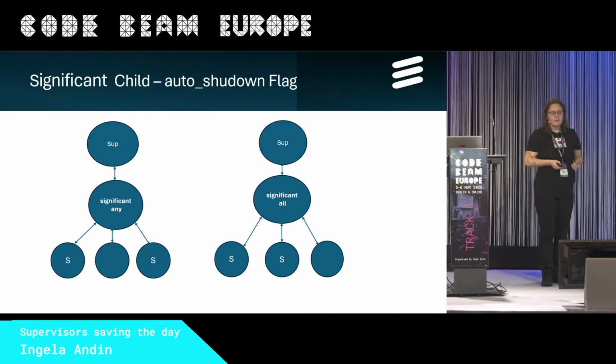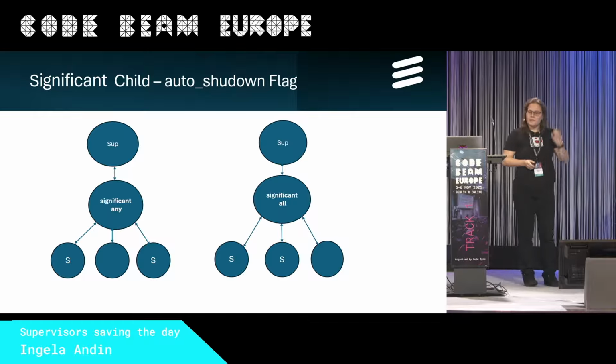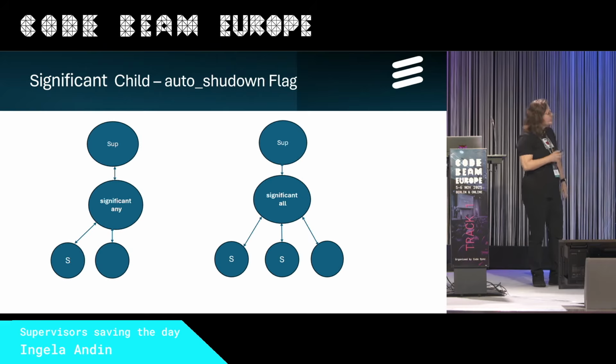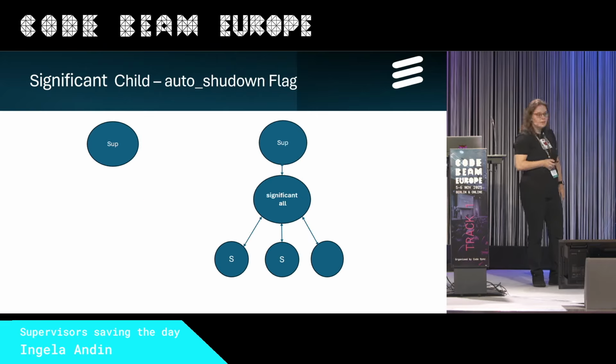But sometimes you want to initiate this shutdown from the children. So that's what a significant child is about, which is a pretty new thing. I think it's an OTP 28 thing. Anyway, if you have a supervisor with significant any, and you have 2 significant children, and one of them terminates, then the whole subtree will terminate.